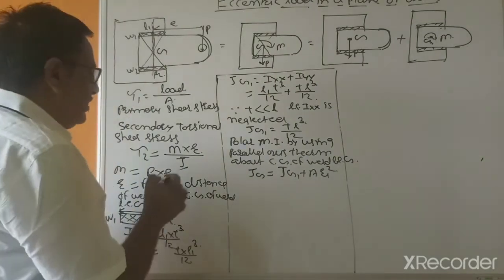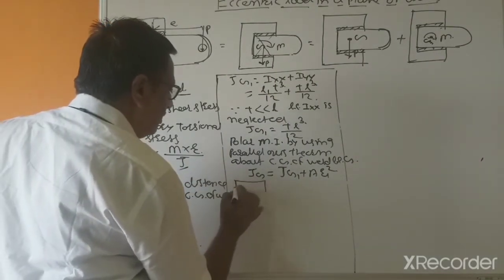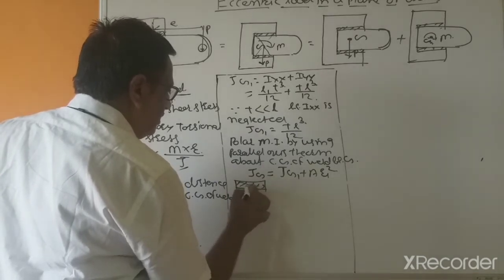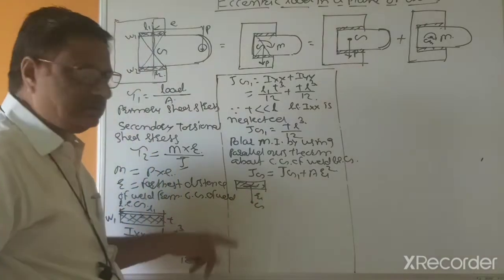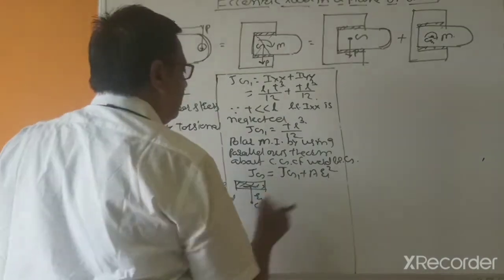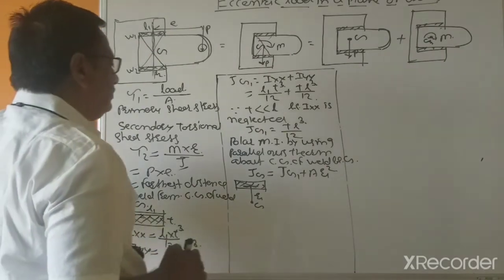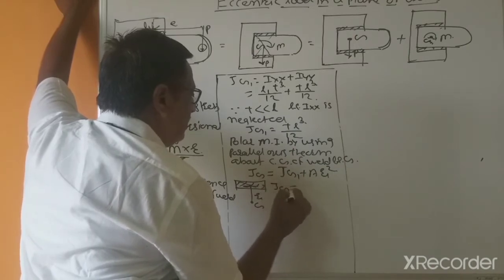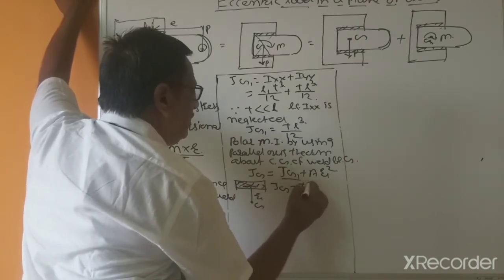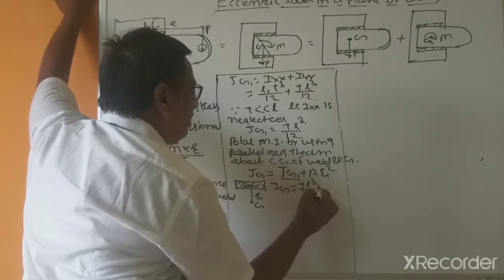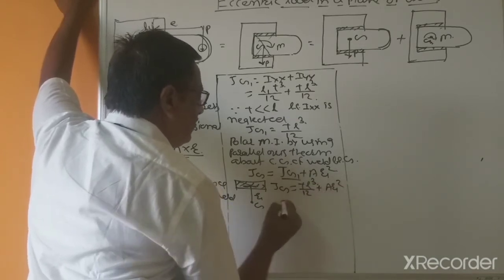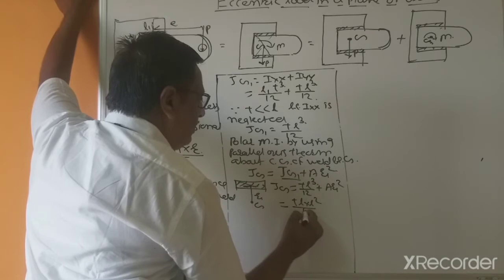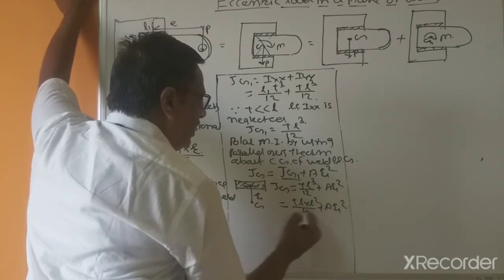R1 is the distance, this distance is called R1. So this is equal to T into L cube divided by 12 plus A R1 squared. Same equation, you can write T into L square divided by 12 plus A into R1 squared.